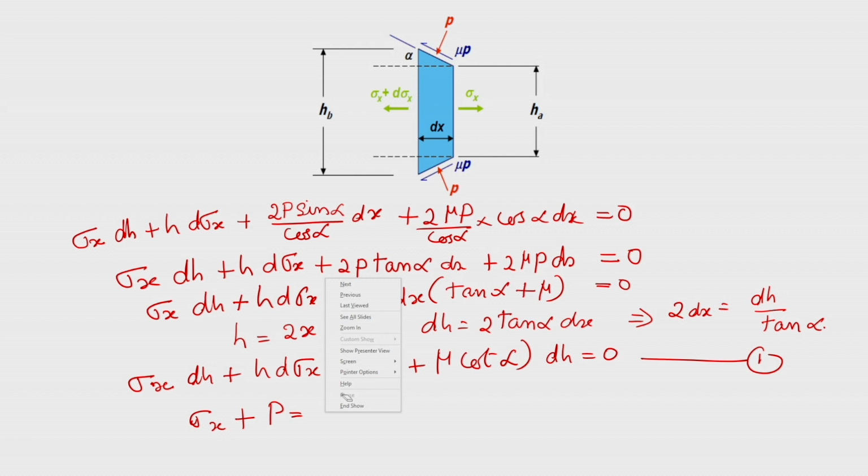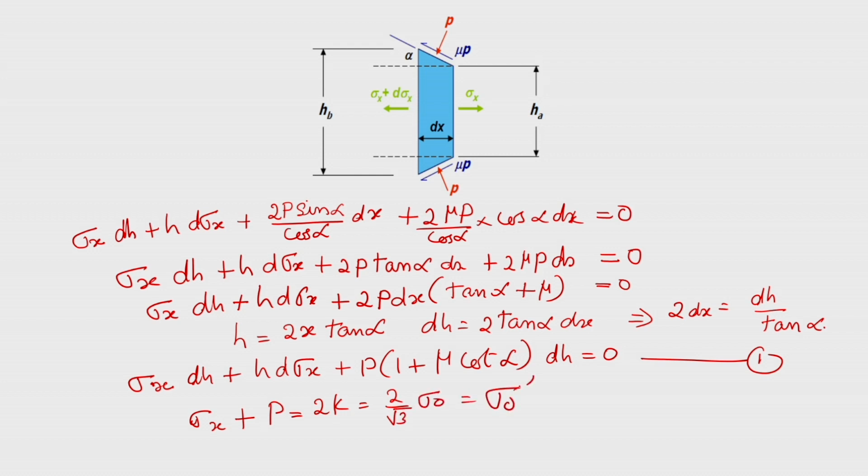From that only we are getting it, and then we are assuming sigma x and p are the principal stresses. So considering that, you will get 2k is equal to 2 by root 3 sigma 0, which is equal to your sigma 0 dash.